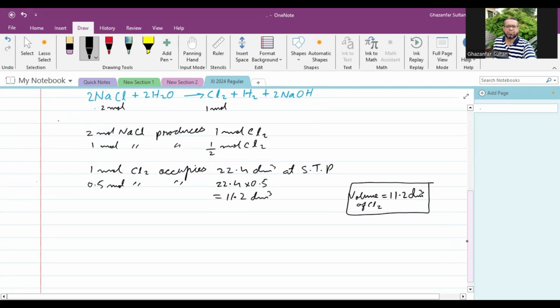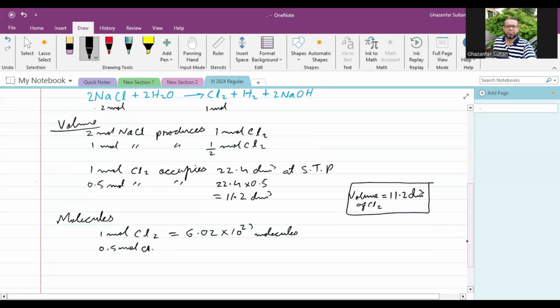In the second part, you have to calculate the number of molecules. So you know Avogadro's number. You know 1 mole chlorine is equal to 6.02 into 10 raised to power 23 molecules. So you have 0.5 mole.